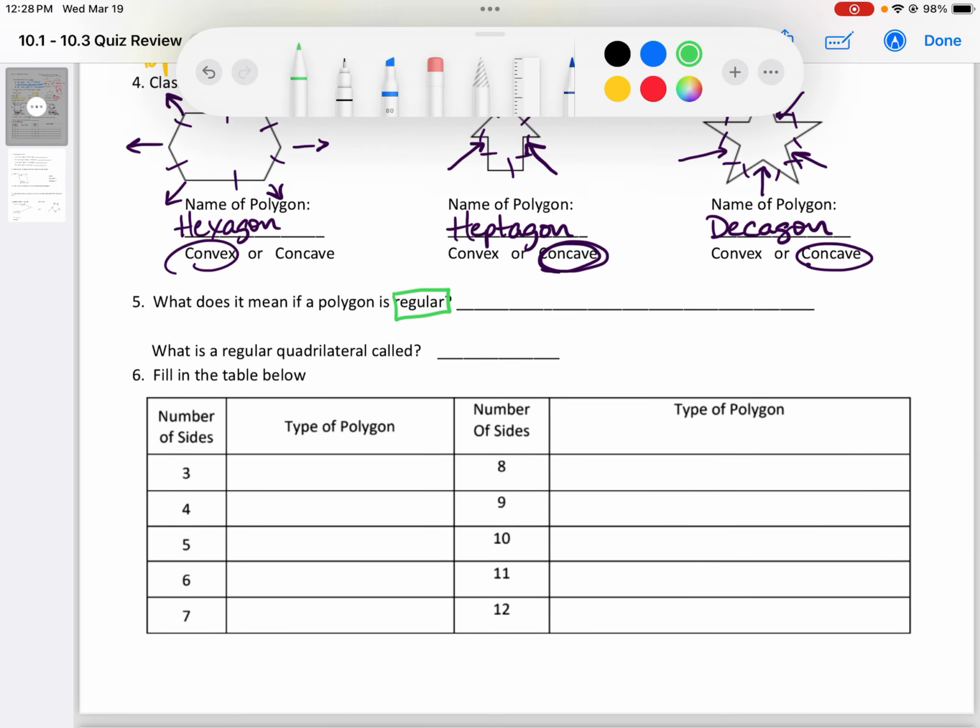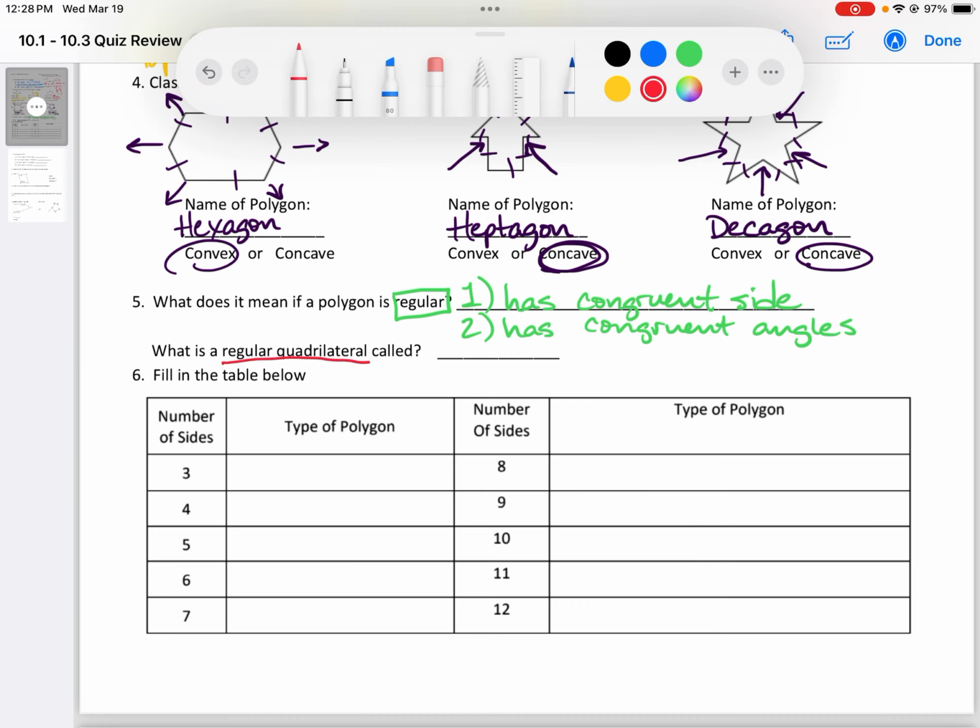What does it mean if a polygon's regular? It means 2 things. 1, it has congruent sides. 2, it has congruent angles. So all of the sides and all of the angles are equal to the other sides and angles.